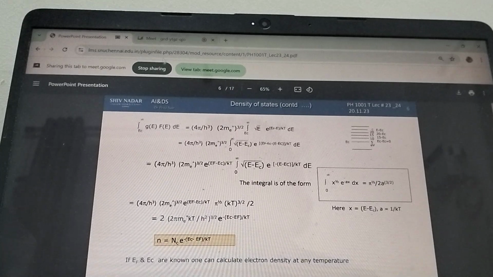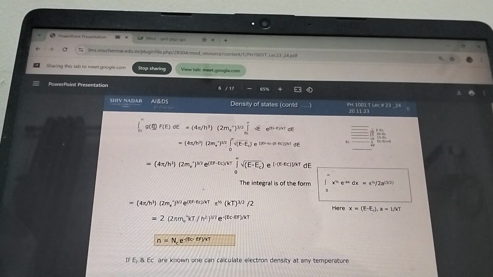So with that expression for F(E) at hand, we perform the integration of G(E) F(E) dE: 4 pi upon h cube into (2 m_e star) whole raised to 3 by 2, integration between limits EC and infinity, root of E times e to the power (EF minus E) upon kT dE. How did I come up with this equation?